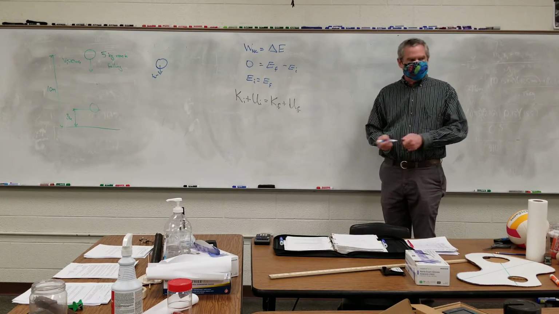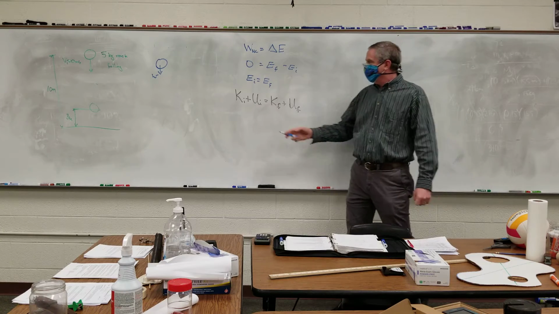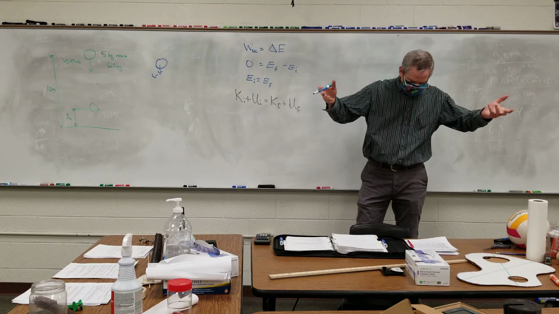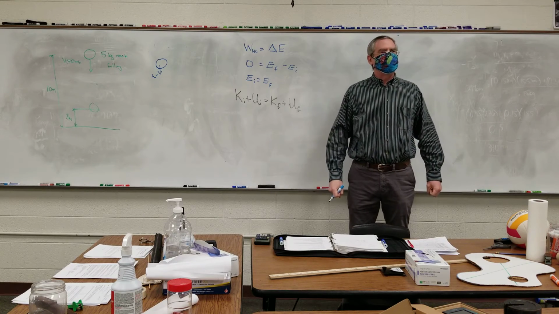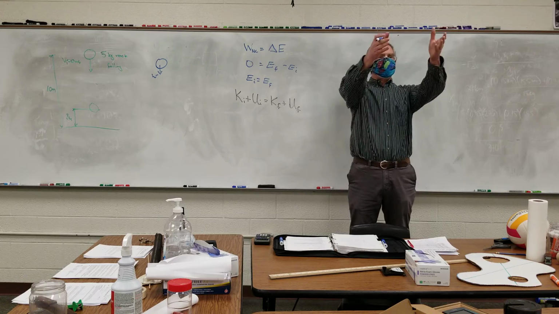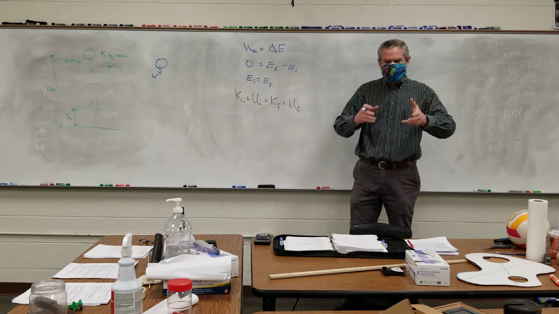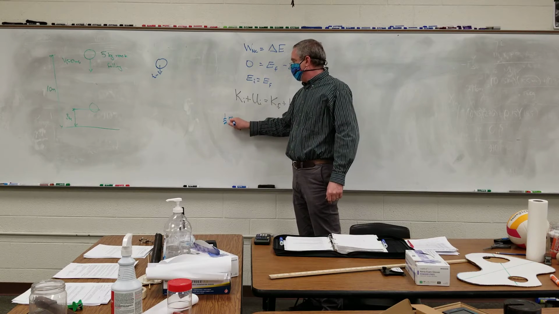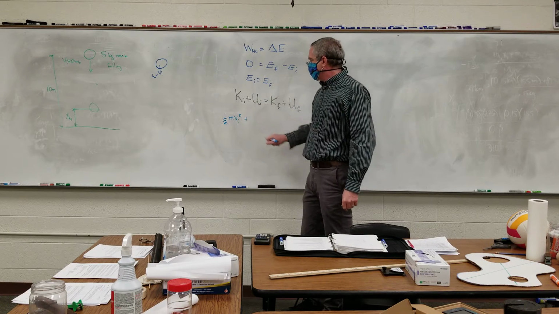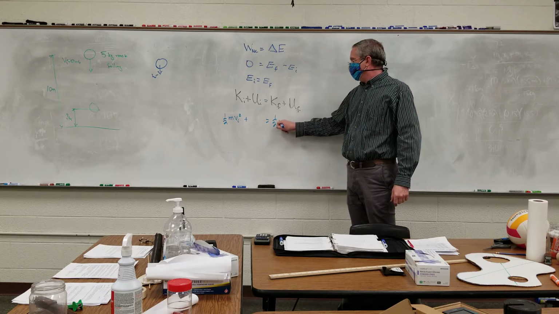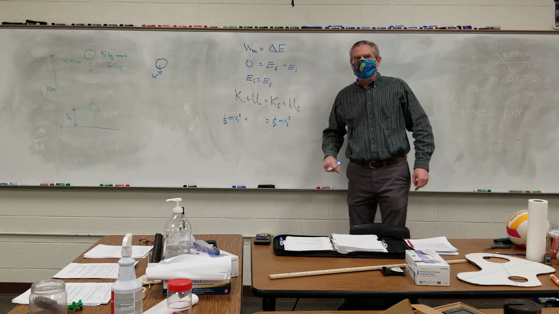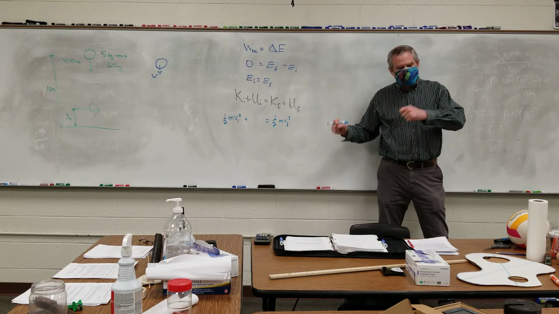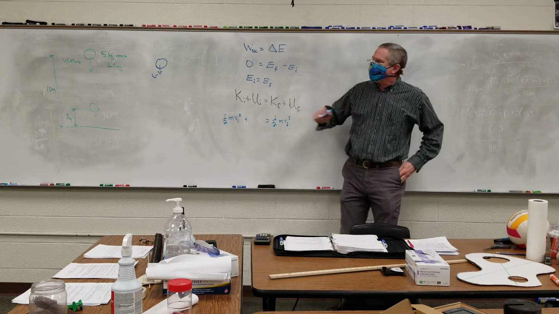So now it's formula time. What's the formula for kinetic energy? 1/2 mv squared. Well, I do appreciate the 2.5 voices I heard. So 1/2 mv initial squared plus 1/2 mv final squared. What's the formula for potential energy? There we go, the one associated with weight.